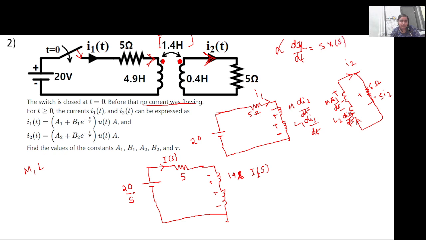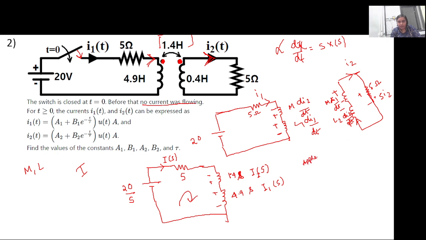Ma'am, M is equal to 1.4? Yes, it is 1.4. Sorry, I have written 1. And the self inductance is 4.9 into S into I1 of S. So this is loop 1, and we can apply KVL in loop 1.